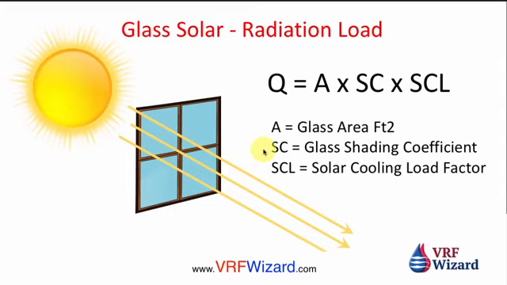And it's affected by window blinds and Venetian blinds, so there are different factors for that. And then your solar cooling load factor. Basically, this is dependent on orientation, south, east, west, north, and then your geographical location, the time of the day, and the month of the year.